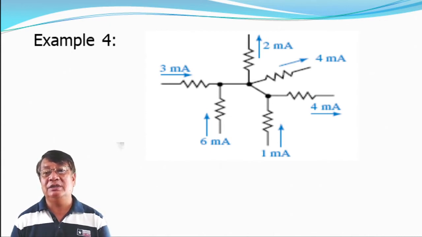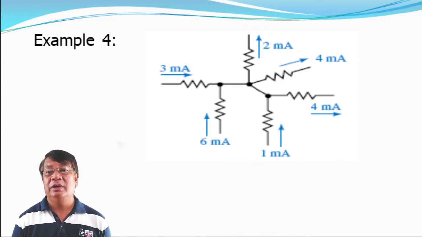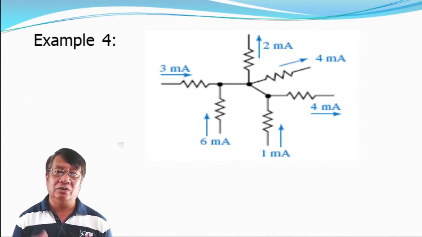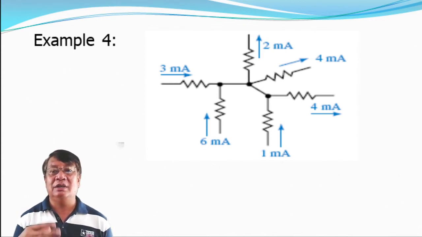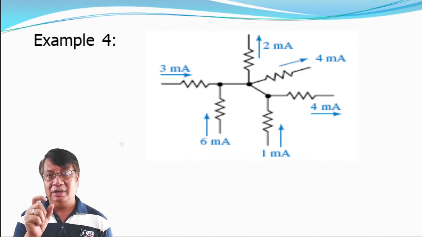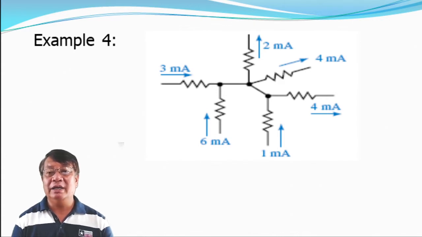More or less, these three nodes can be combined into one, because we don't have any other resistor in between these three nodes. So just imagine that these three nodes are represented by one node.